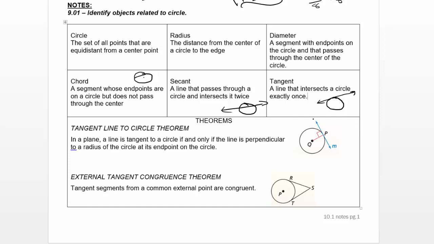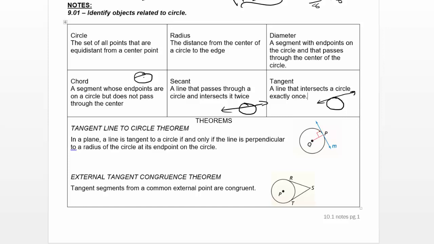So in order for this to just graze the circle, we have to be able to draw a segment from the center to the point of intersection, and we should be able to measure exactly a right angle, or exactly 90 degrees, between the line and the radius.